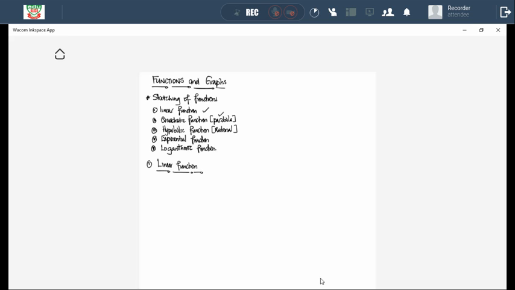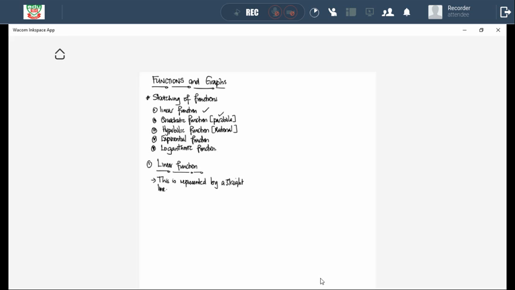Right, a linear function. The graph of a linear function is a straight line graph. This is represented by a straight line.